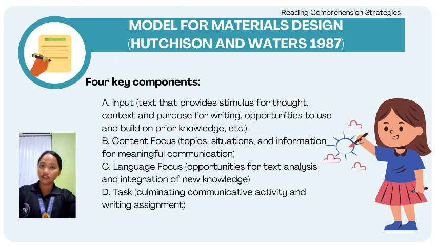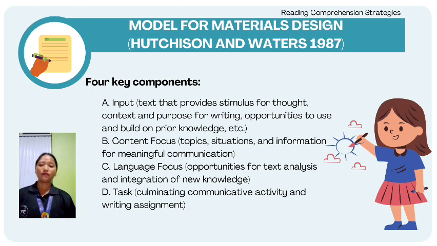This could be an article, a case study, or a prompt that sparks discussion and critical thinking. Second is the content focus. This ensures that the writing materials are meaningful by incorporating relevant topics, situations, and information. So this helps students engage in purposeful communication rather than just completing isolated exercises.